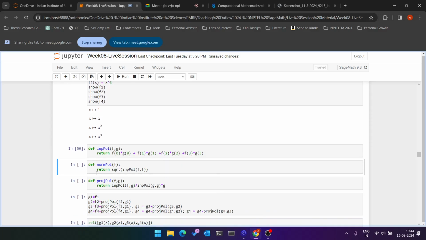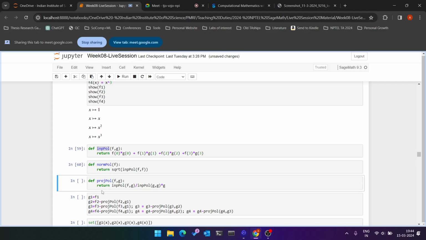To find the norm of a particular polynomial f of x with respect to this inner product between polynomials, I basically invoke the inner product of f comma f and then take its square root.